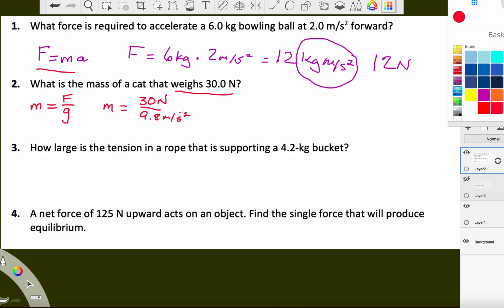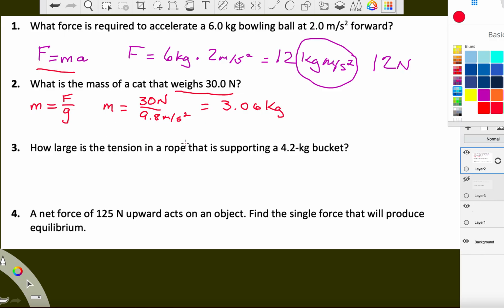I was using 10 for gravity. 3.06, just over 3. Yeah, you could have corrected me all that time. Oops. So it's equal to 3.06, so just about 3 kilograms, 3.06 kilograms.